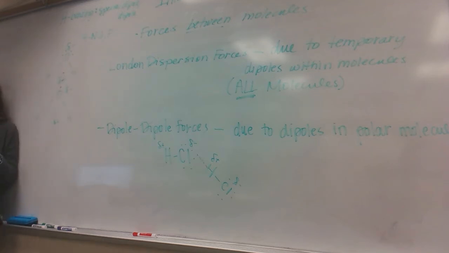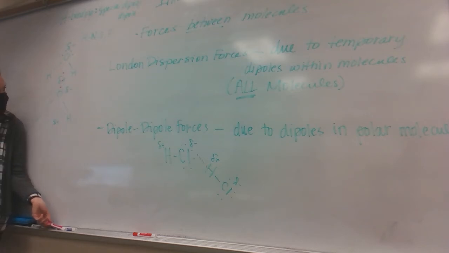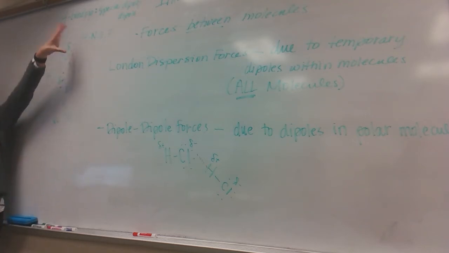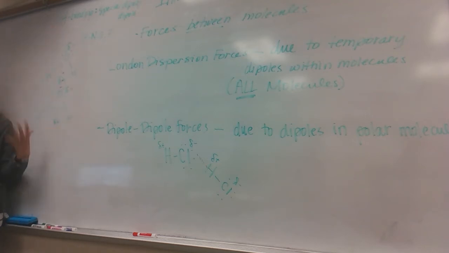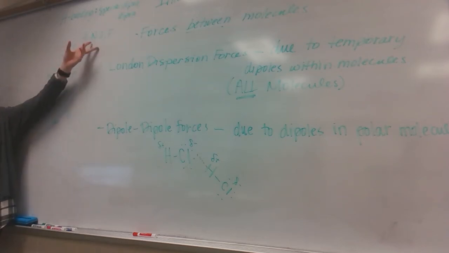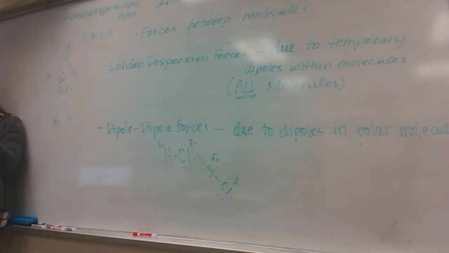And we'll talk more in AP about why that is, but these are a special type of dipole-dipole that are stronger. And that's because of hydrogen and its properties, basically, and N, O, and F and their special amount of electronegativity. These are the most electronegative atoms. It's those two combined that makes hydrogen bonding so strong and special.